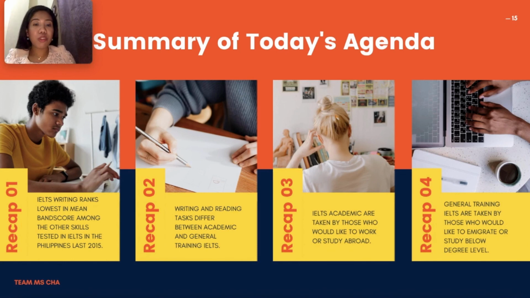Recap number 2, writing and reading tasks differ between academic and general training IELTS. Recap number 3, IELTS academic is taken by those who would like to work or study abroad. Recap number 4, general training is taken by those who would like to immigrate or study below the degree level.